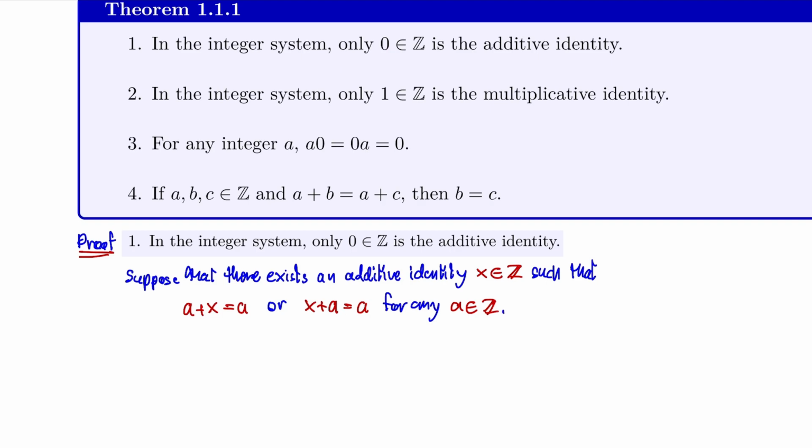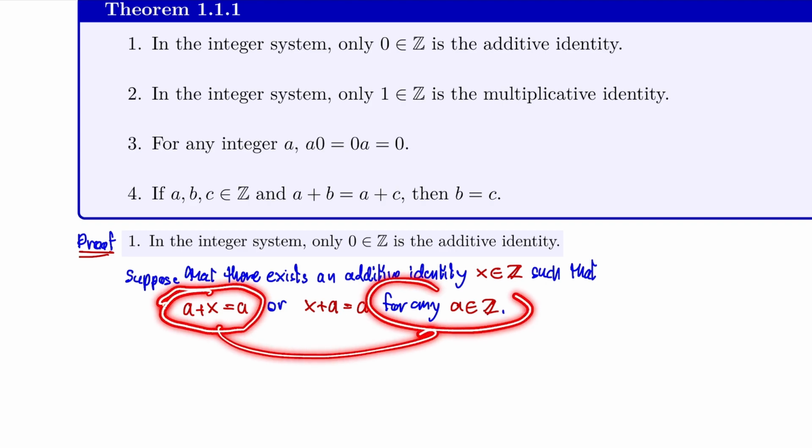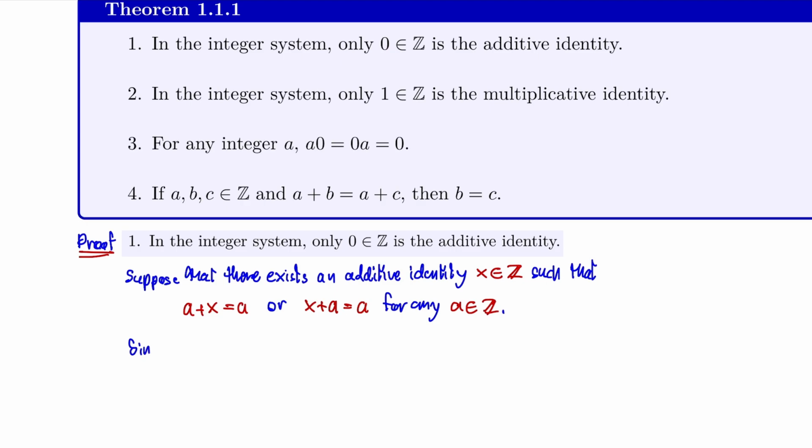Then I'm gonna try to show that this x becomes 0. So I want to start with this equation. This equation holds for any integer a. Okay, so since a plus x equals a, I gotta say since these equations, this one and this one, hold for any integer a.